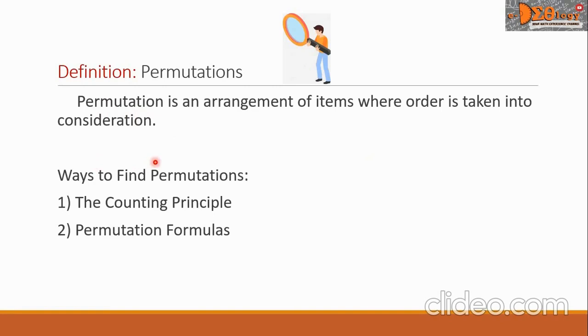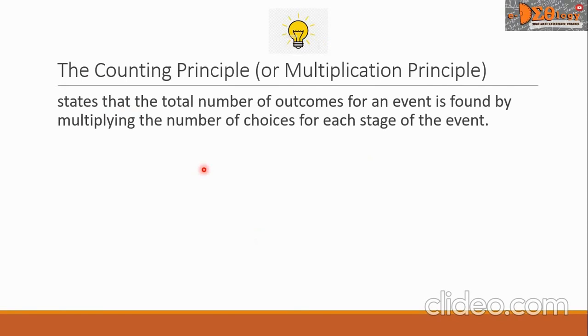There are two ways to find permutations. Number 1, the counting principle. Number 2, permutation formulas.